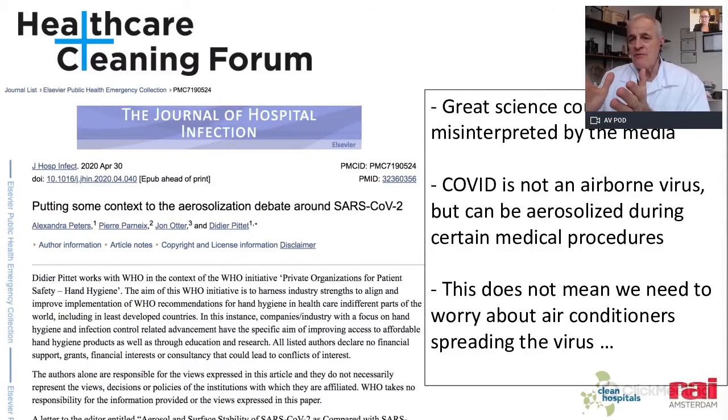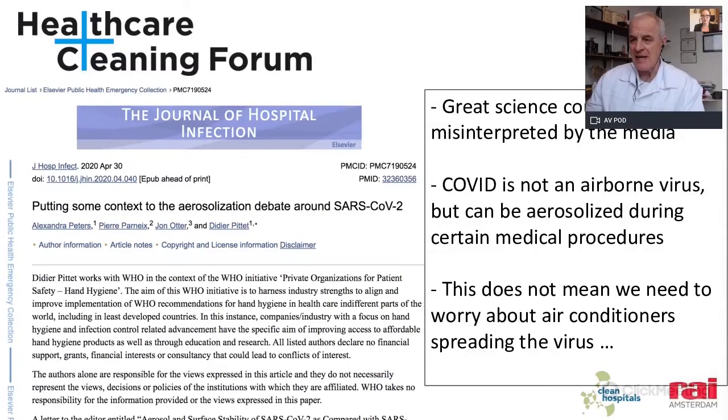Here is an example of putting some context to the aerosolization debate around SARS-CoV-2, a paper that we put in place with the Clean Hospitals academic team, Alexandra Peters, Pierre Parneix, John Otter, and myself. COVID science could get misinterpreted by the media, and that's very clear.